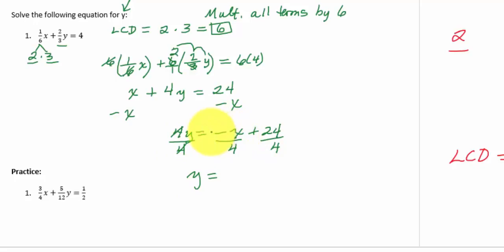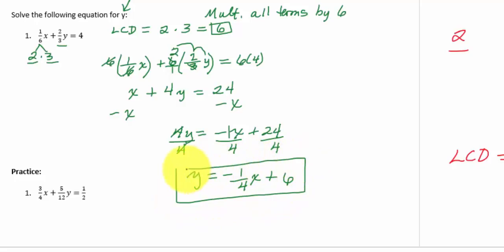Negative x, in other words, negative 1x divided by 4 would mean negative 1/4 x. And if it's possible to reduce fractions, we will do that. 24 divided by 4, that's exactly 6. So instead of writing plus 24/4, that's the same as adding 6. So our new equation solved for y is y equals negative 1/4 x plus 6.